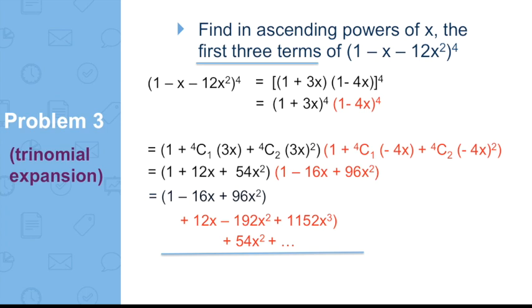So that means we can now get the first three terms, and we will have 1, and then negative 16x plus 12x will give us negative 4x, and we add all of these to get the third term, and that is negative 42x squared. So we have already answered the question, and that is to find the first three terms in ascending powers of x.